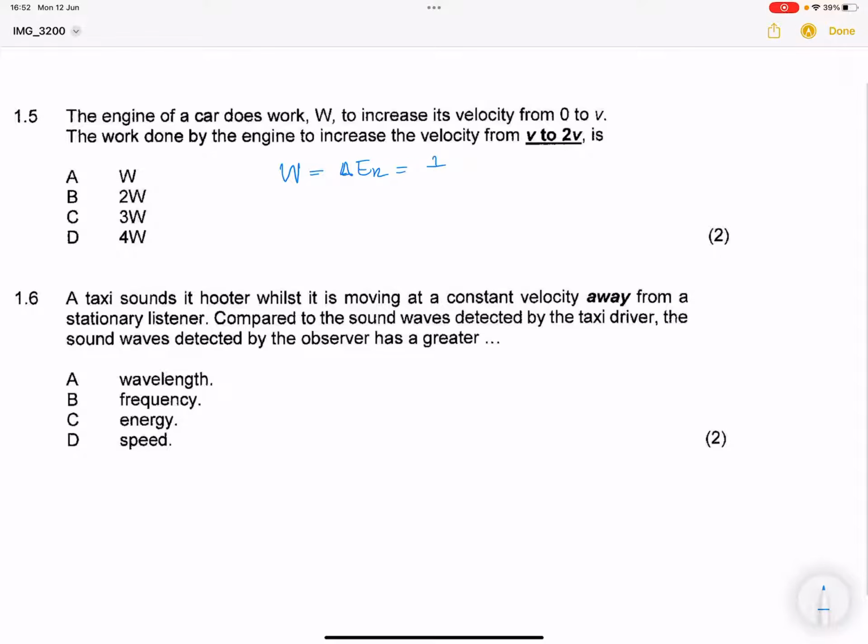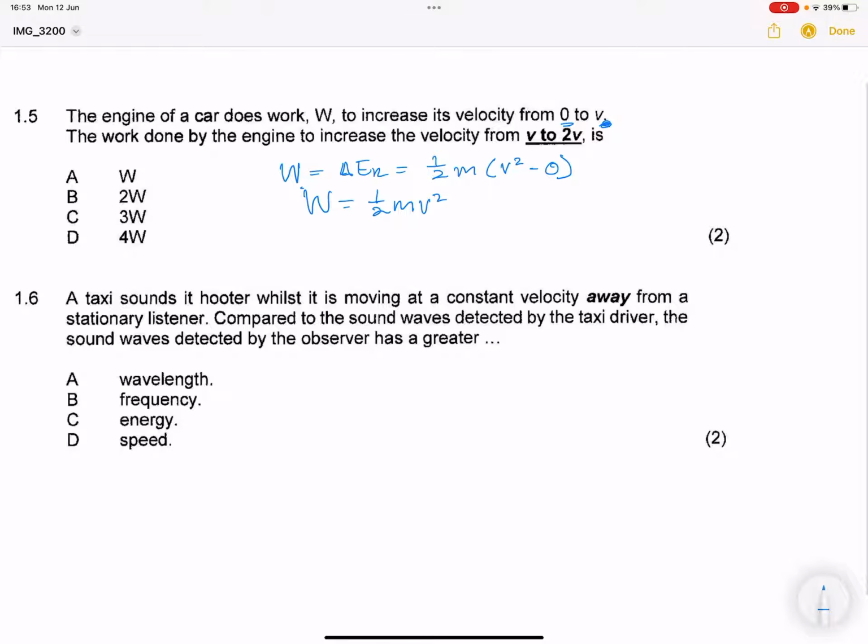So this is going to be half m times, now notice our final velocity in the first instance where work was W, our final velocity was v squared, our initial velocity was 0. So that means that W is equal to a half mv squared, okay?